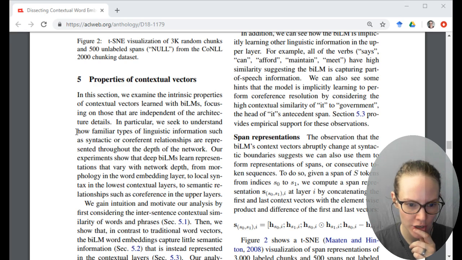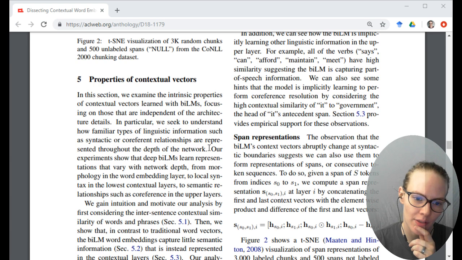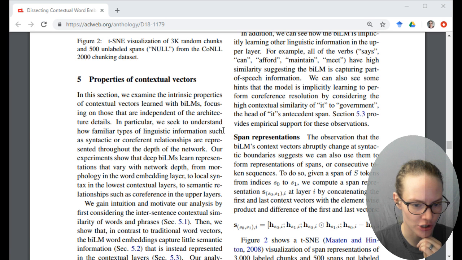Our experiments show that deep BiLMs learn representations that vary with network depth, from morphology in the word embedding layer to local syntax in the lowest contextual layers, to semantic relationships such as co-reference in the upper layers.